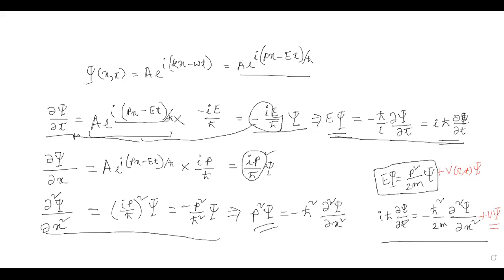So from the free particle Schrodinger equation to the particle in a field of force, we need just one extra term. For a particle moving under the influence of an external force, we simply need to add this extra term V psi.